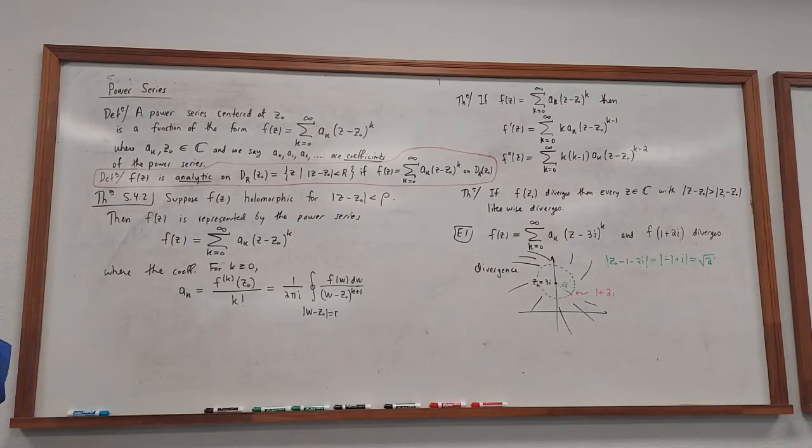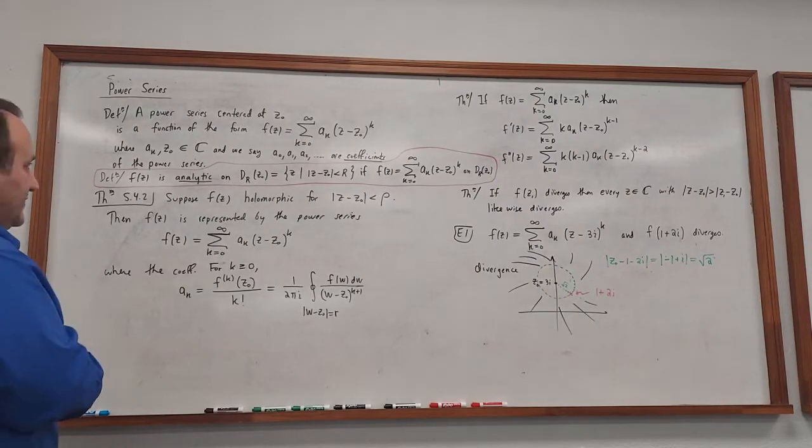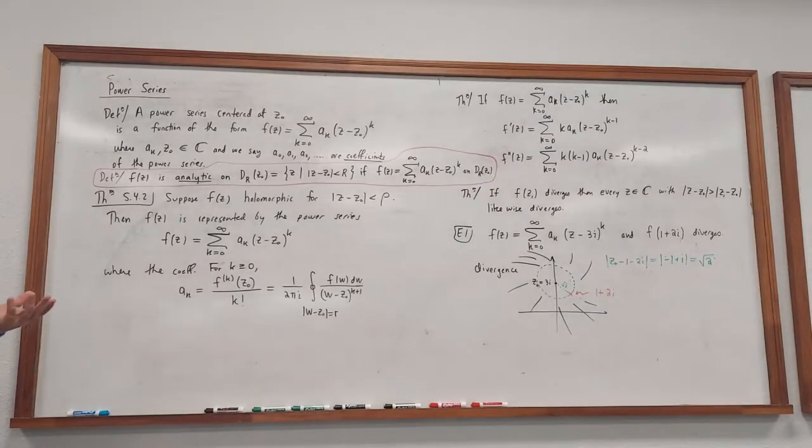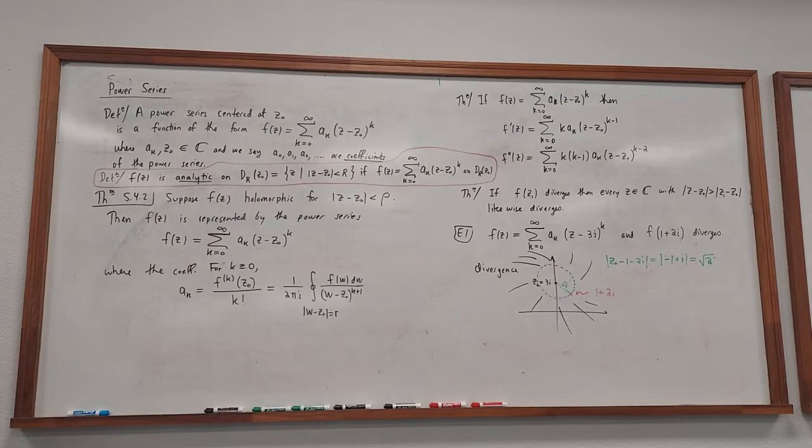I think we should be careful to use the word analytic when we're talking about a function being representable by a series. What this theorem says is that there's no difference between complex differentiable and representation by a series. If you can do one, you can do the other, at least on an open disk, all right?